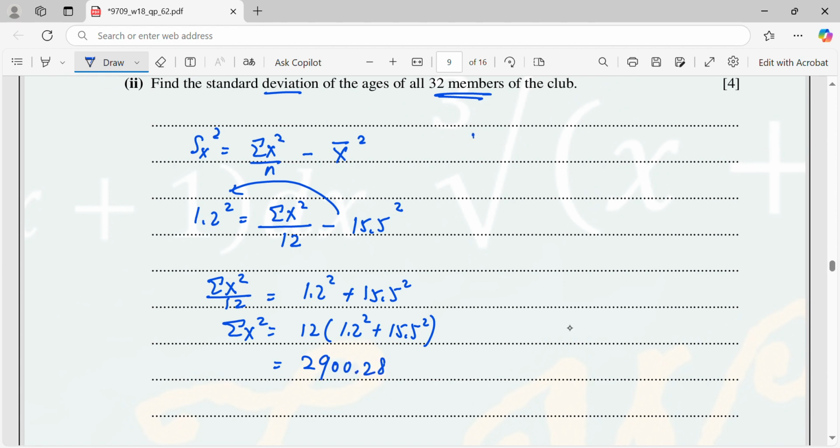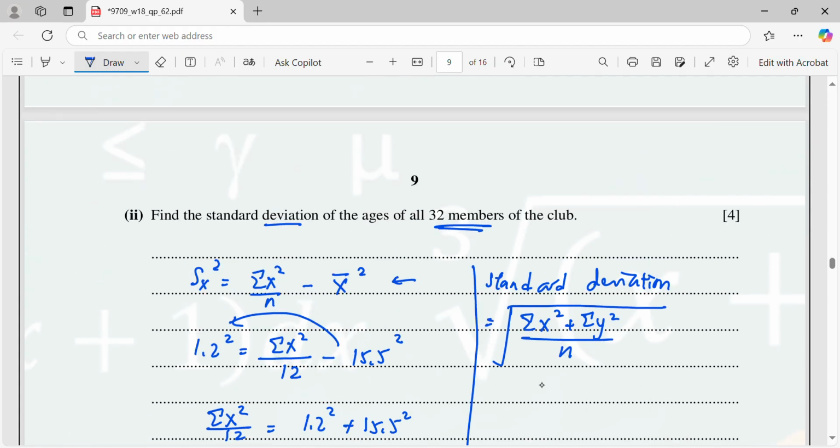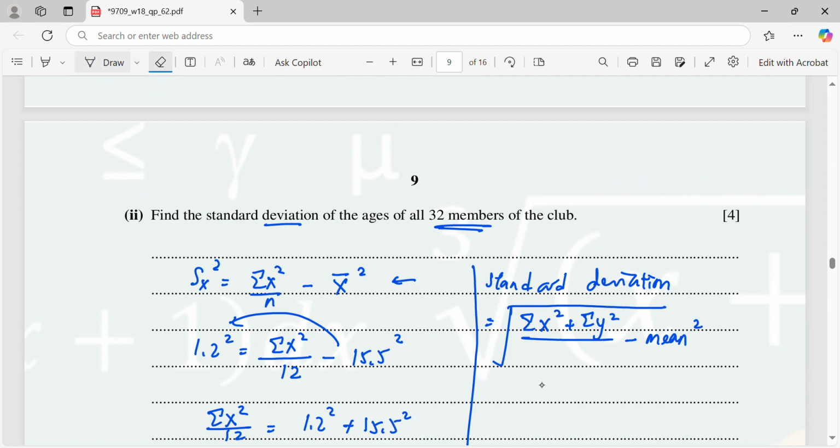Now, the standard deviation equals the square root of this formula. But now, no more summation x squared alone. It will be summation x squared plus summation y squared over the total n, then minus the mean squared. So here I change n to 32 because of 32 members.